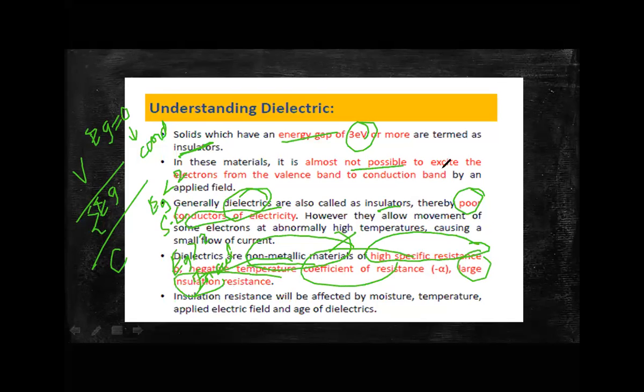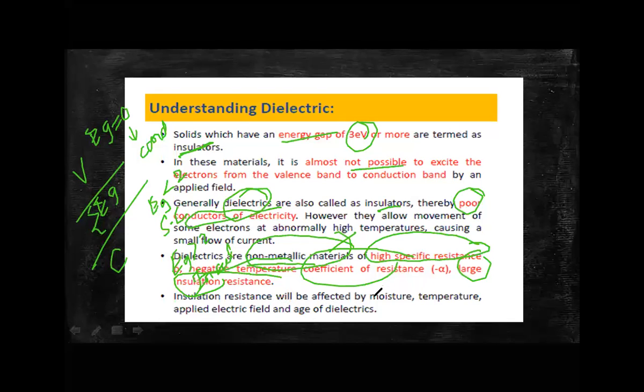All these are important points to remember for competitive exams. When someone asks which of the following is not true in the case of dielectric material, and they mention high specific resistance, negative temperature coefficient, and small insulation resistance, then small insulation resistance is the answer. So you should always remember that.